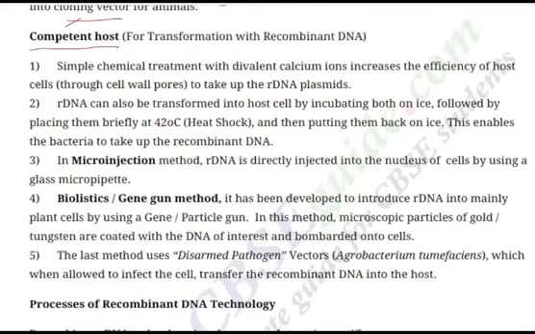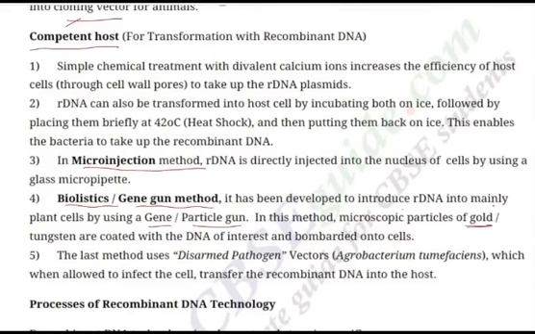These are the ways. So the competent host must be present, and you can see here in the microinjection method, rDNA is directly injected into the nucleus of the cells by using a glass micropipette. The biolistic or gene gun method has been developed to introduce rDNA mainly into plant cells by using a gene or particle gun.